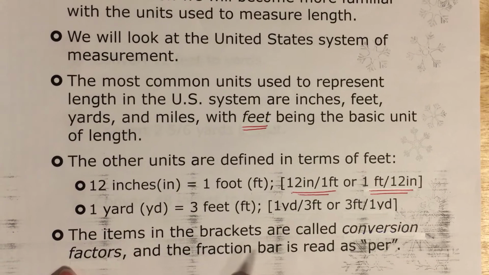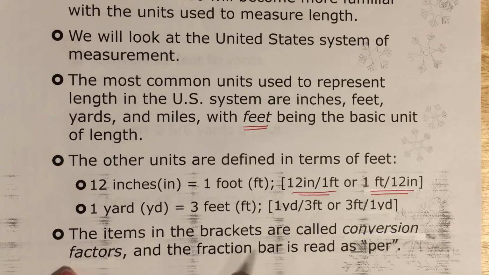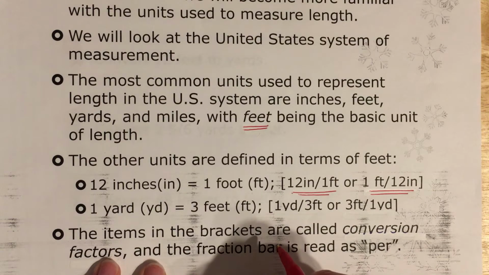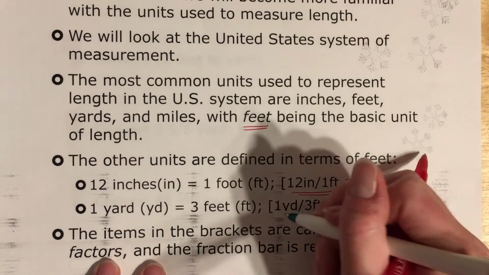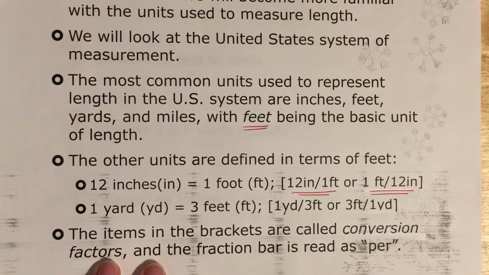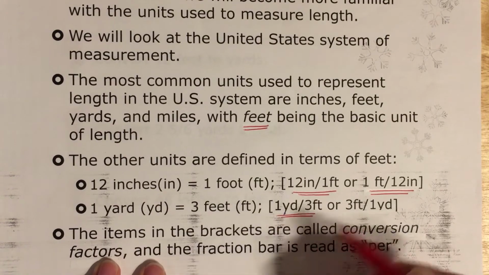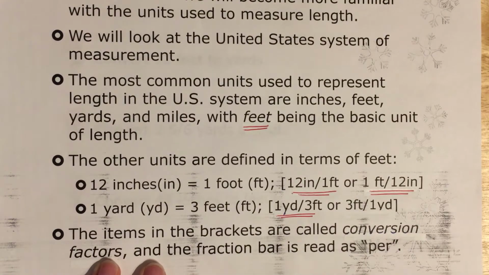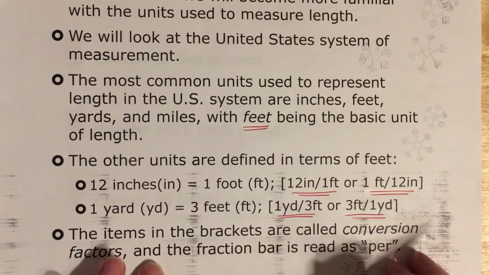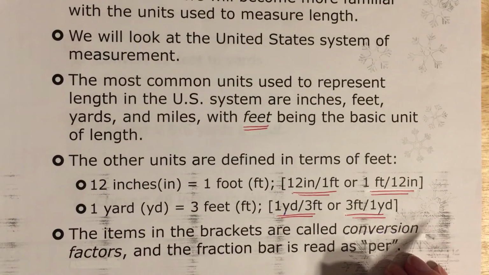The other item is yards. 1 yard equals 3 feet. And just like before, you can represent the item in brackets as fractions. This is 1 yard over 3 feet, or 3 feet over 1 yard.